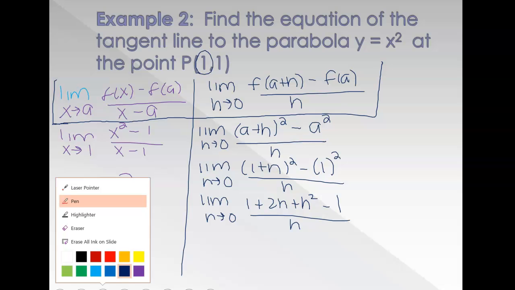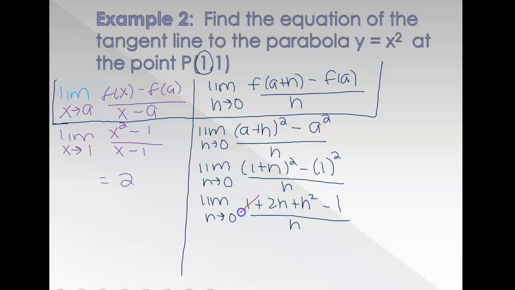So 1 minus 1 is 0. Now we're left with the limit as h approaches 0 of 2h plus h squared all over h.